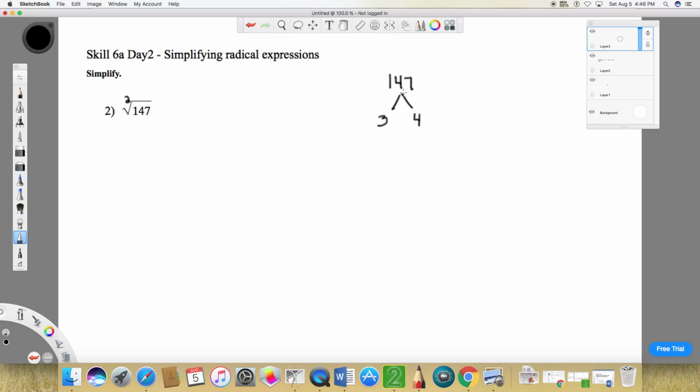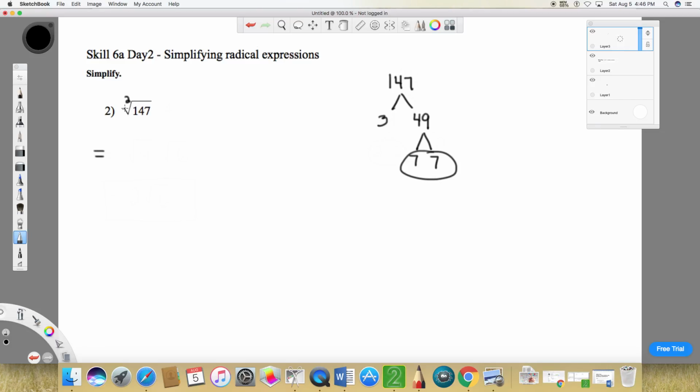3 times 49 is 147, and there's our perfect square, 49, because it breaks down to a pair here.